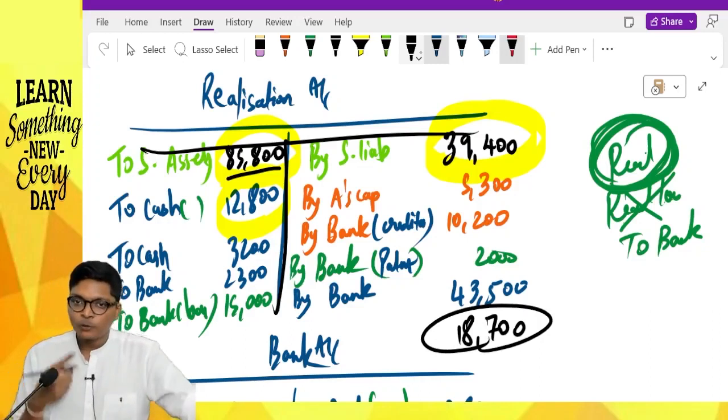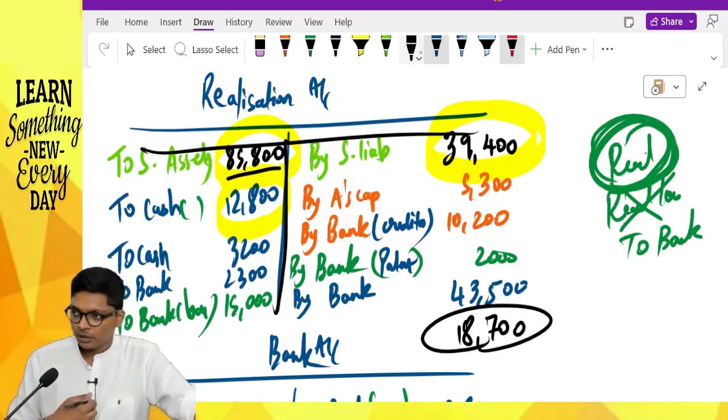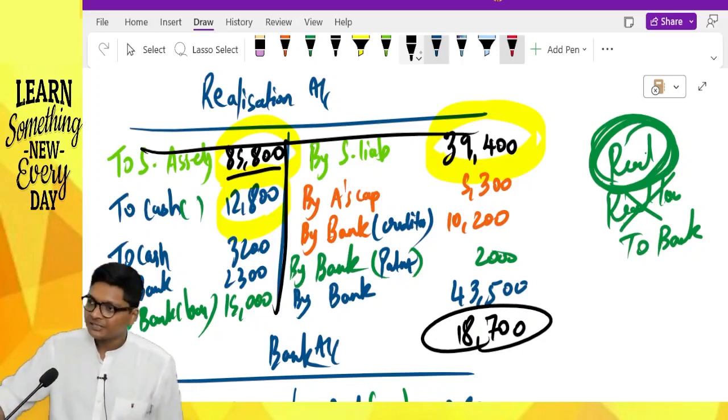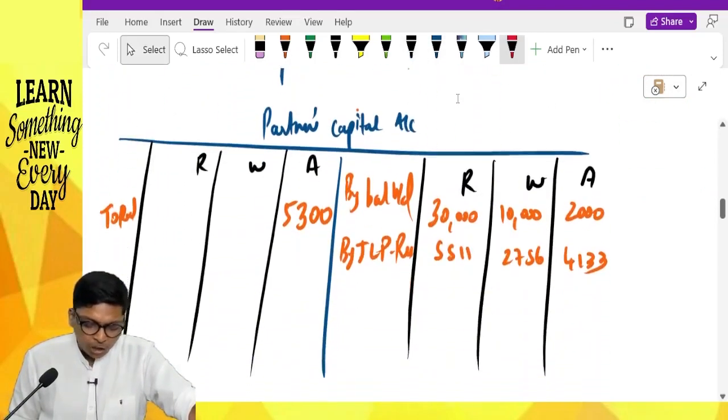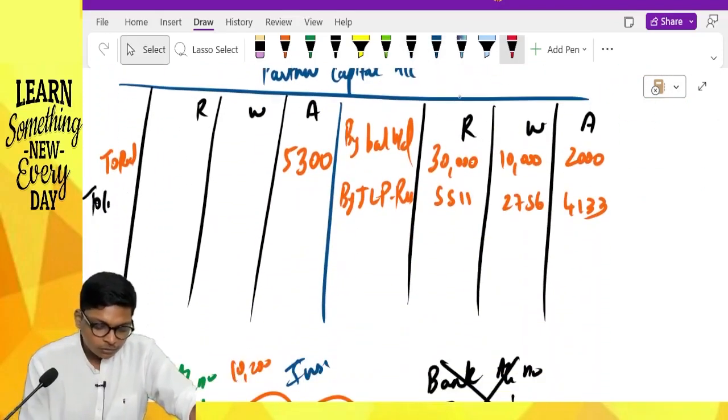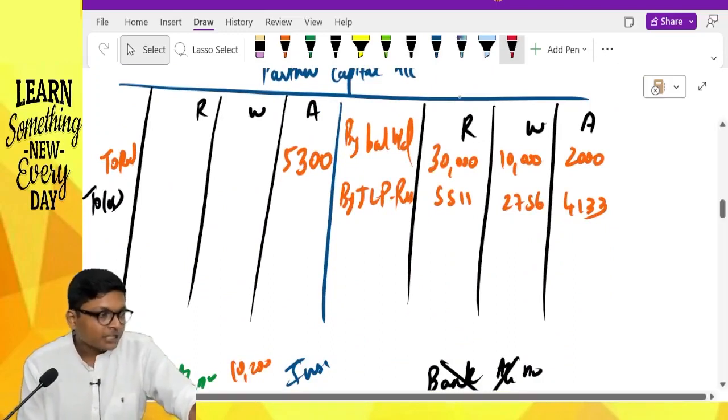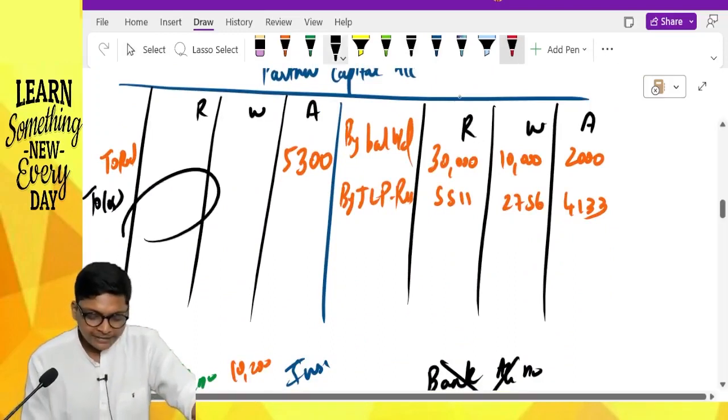If partners are unable to bring money, they will be called insolvent. Otherwise, in the question we have to assume that partners are solvent, because there's nothing about insolvency. This 18,700 will be shared between the partners in the ratio of 4:2:3. What is the amount, guys? The realization loss amount.